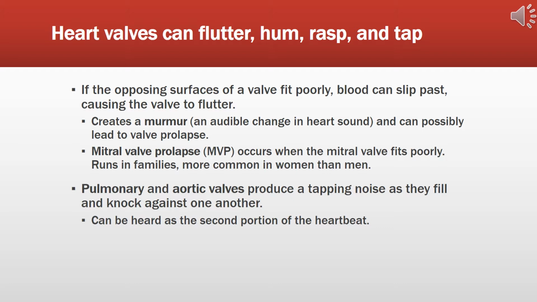And this occurs when the mitral or bicuspid valve fits together poorly. This usually runs in families, and it's more common in women than men. And this also leads to the backflow of blood out of the bicuspid valve.